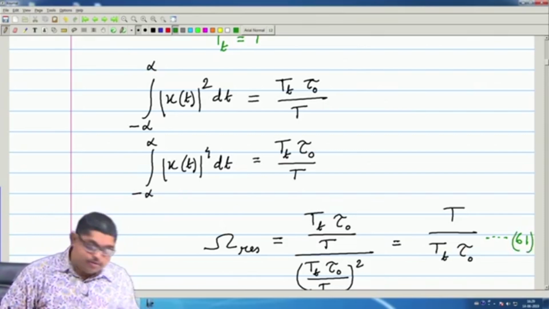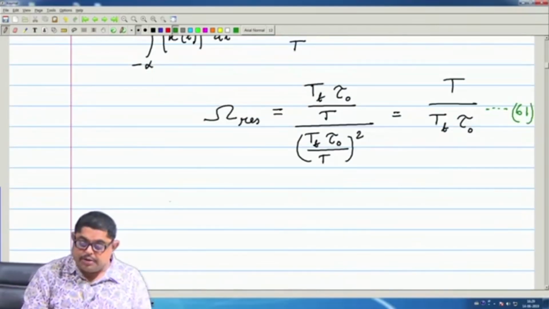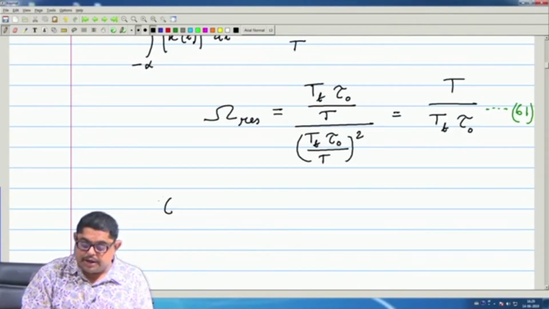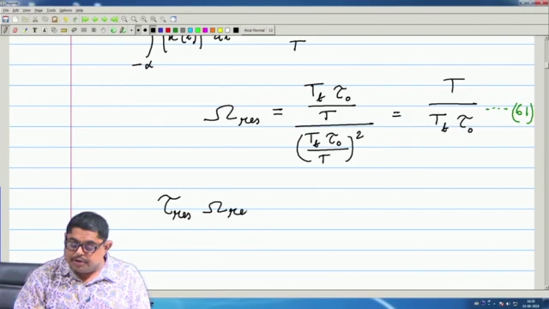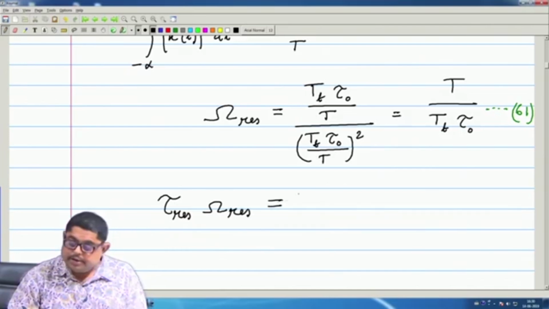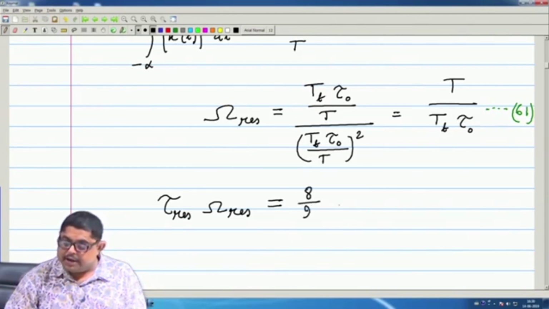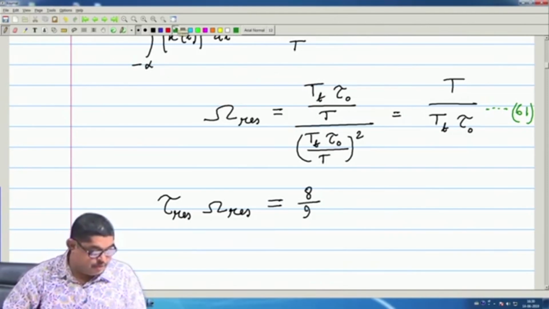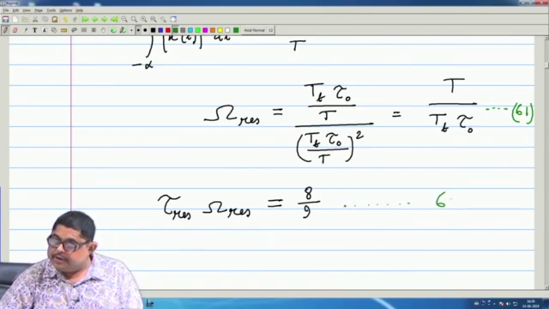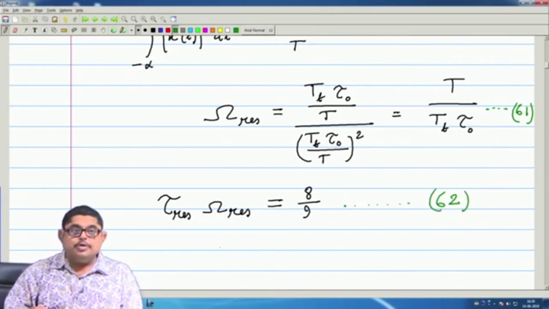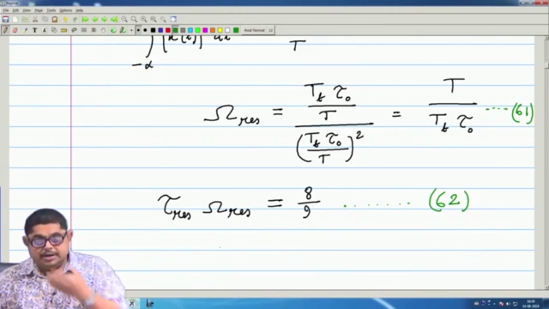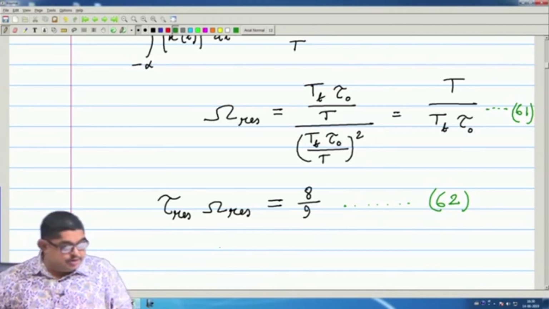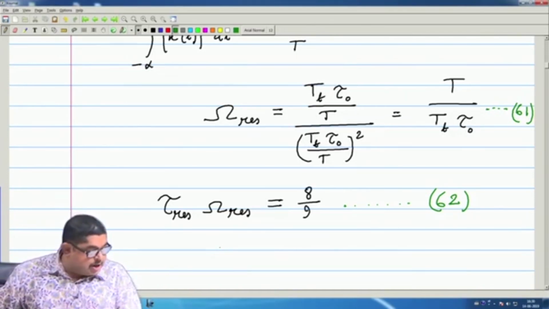And so now I can take this product, the delay resolution constant and the Doppler resolution constant product, that will be, if you do it, 8/9. So, this is simply 62. So, you see that in case of a single rectangular pulse it is 2/3, in case of this chain of pulses it is 8/9.